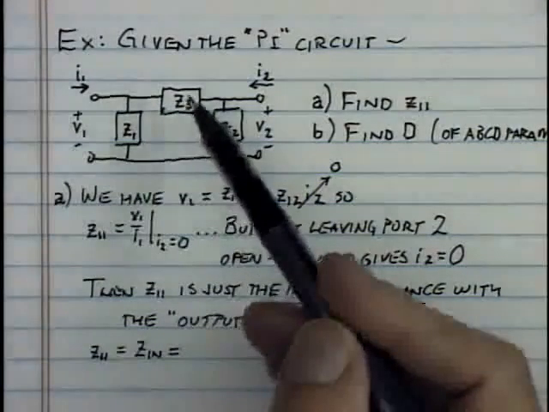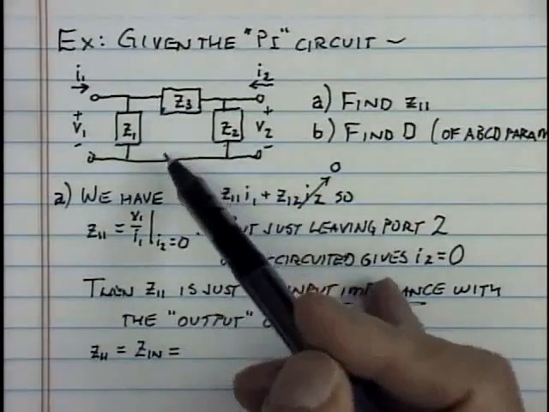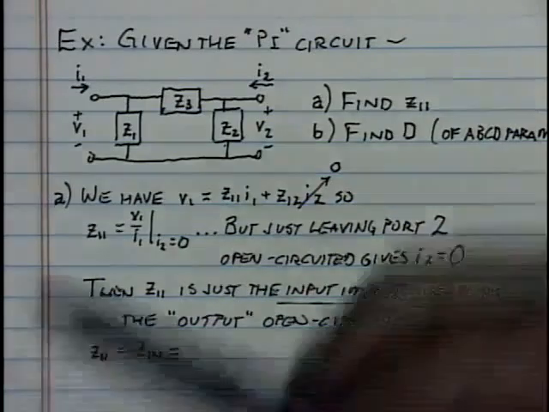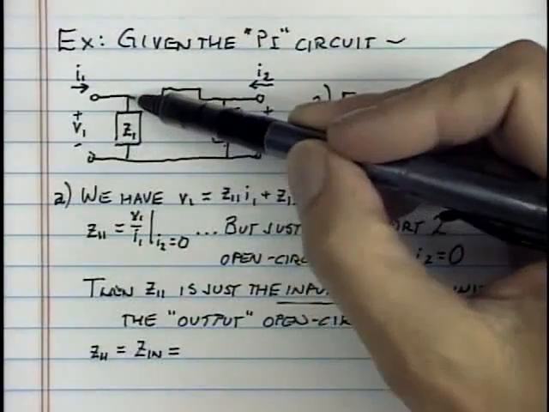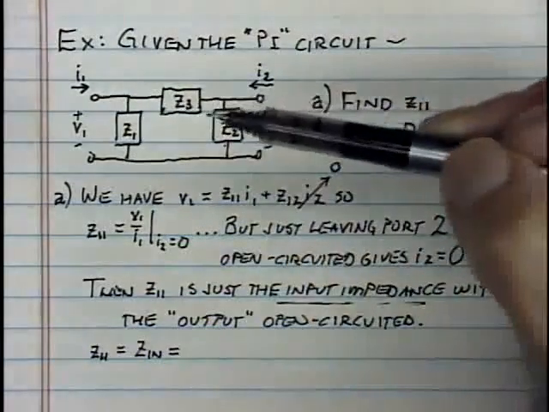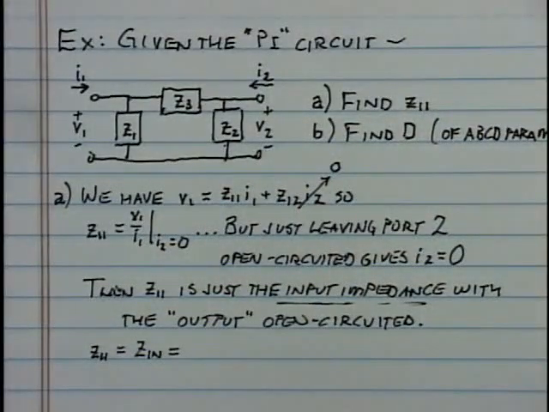So Z3 and Z2 are in series. They are, in turn, the series interconnection of Z2 and Z3 in parallel with Z1. That is to say, the voltage across Z1 is the same as the voltage across the series combination of Z2 and Z3.